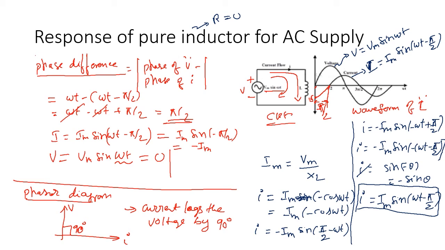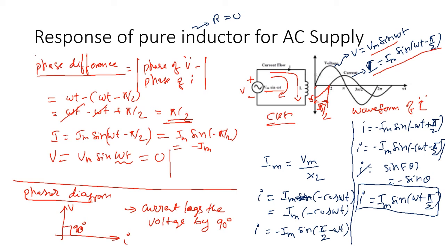First, the inductor is connected to the AC supply. Because of the supply voltage, current flows through the inductor, and we found the value of I. From there we got this equation. The phase difference we got is plus pi by 2 finally.